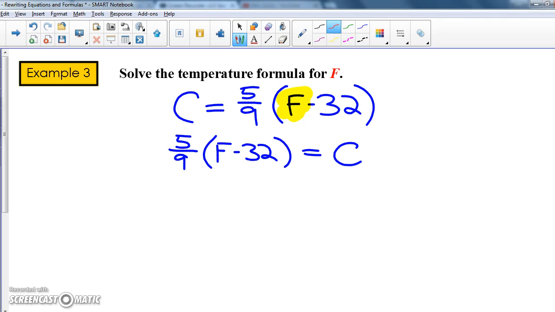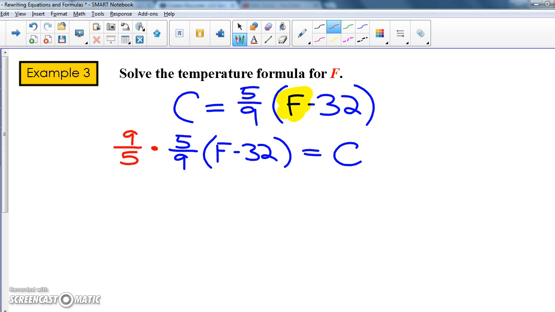Outside the parentheses is being multiplied by 5/9, and that means we need to divide by 5/9. Or another way of thinking of this, because it's going to get messy on the right if we do that way, is to multiply by the reciprocal, which means to multiply by the flip.